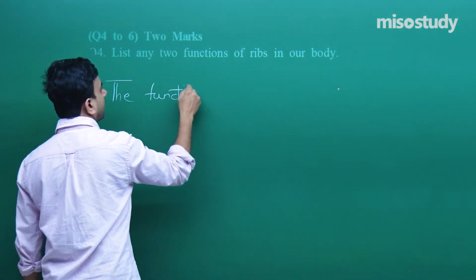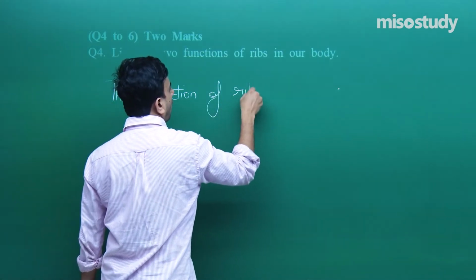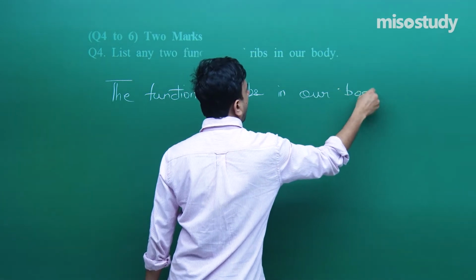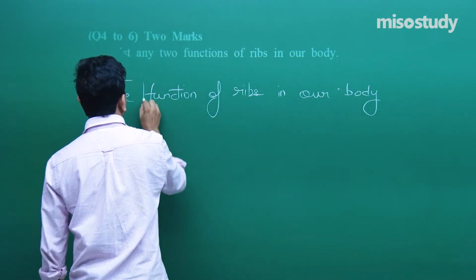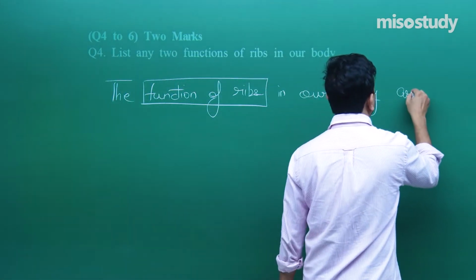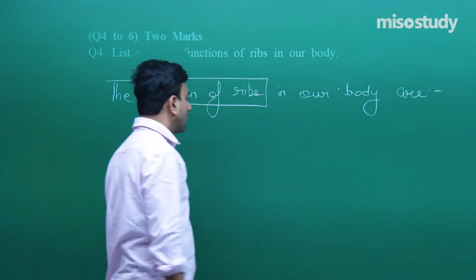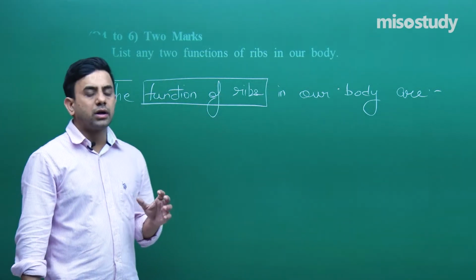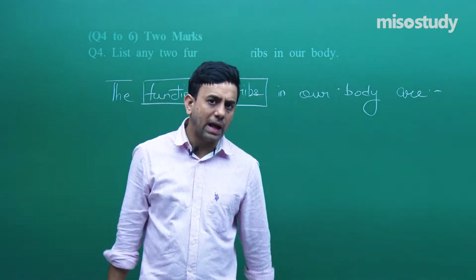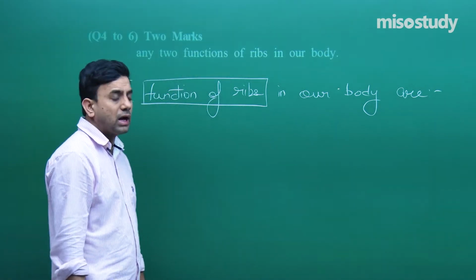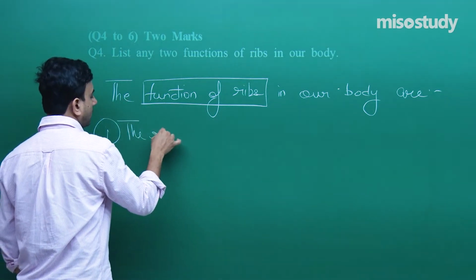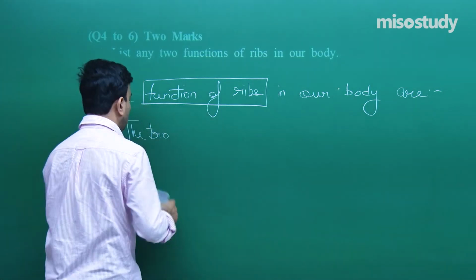The function of ribs in our body: the thoracic rib cage will protect the heart as well as the lungs, because it forms a cage all around, and that will protect the lungs and the heart.